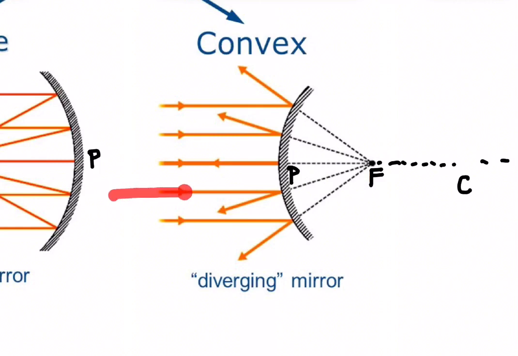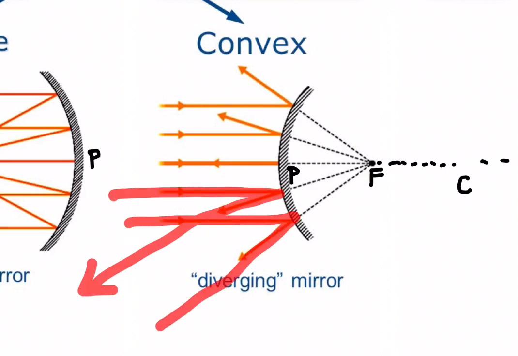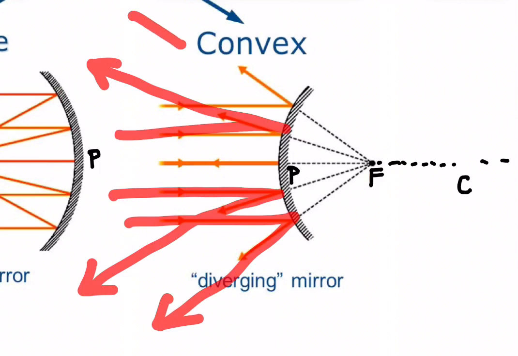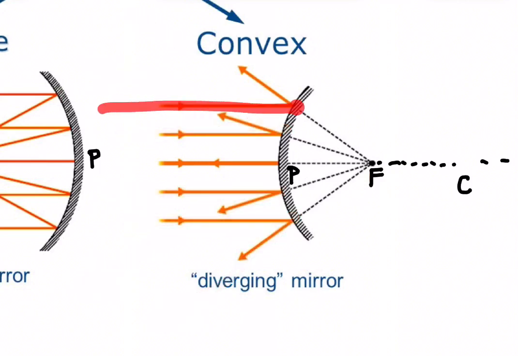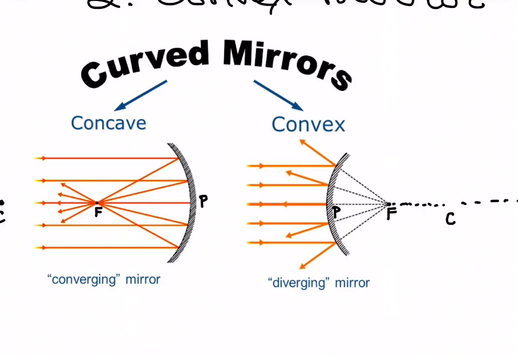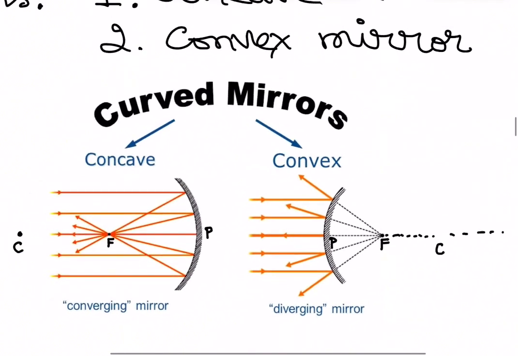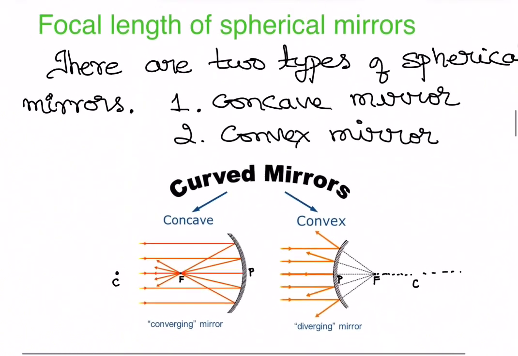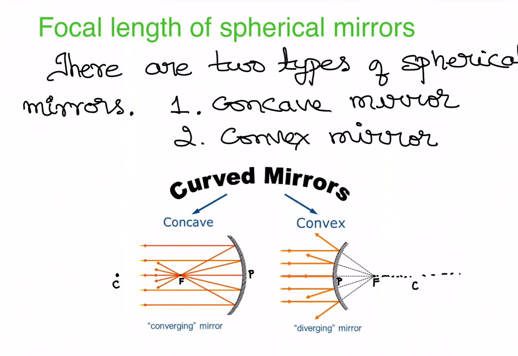The rays of light, when they move parallel to the principal axis, get diverged. That's why this is called a diverging mirror. But they diverge from one fixed point on the principal axis, called the focus. So these are the two curved surfaces. One is called the concave mirror, and the other is called the convex mirror.